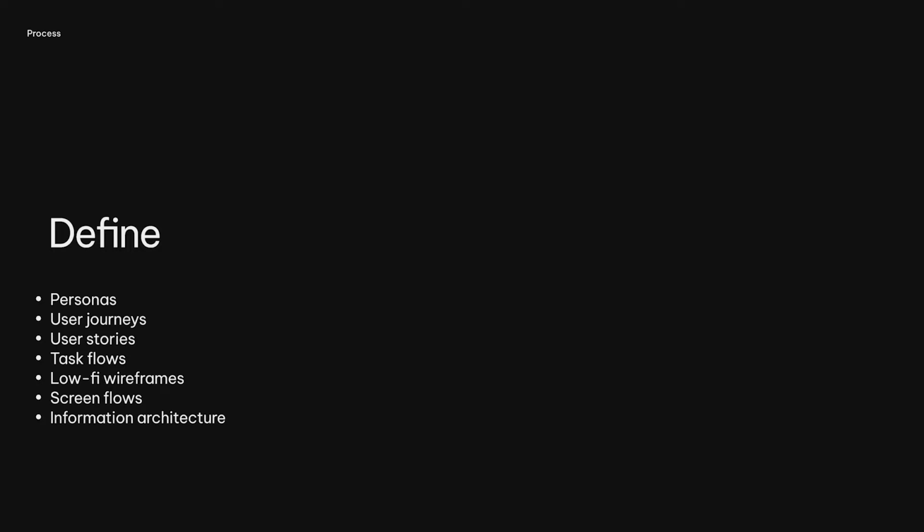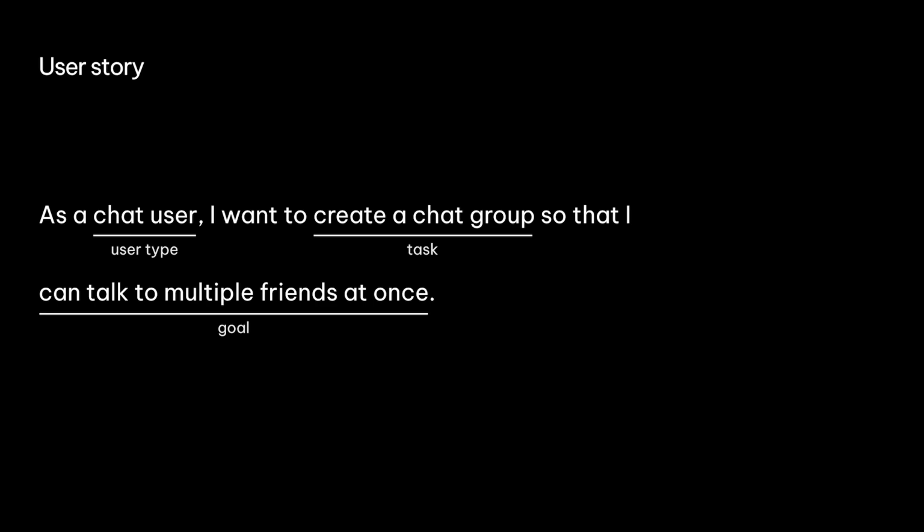So a user journey would indicate how a user is moving through your experience and what are these different points along this journey that will help you gain a better understanding of what they're trying to accomplish. User stories, which I've talked about in another video. So asking yourself, as a blank user, I want to blank so that I can blank.